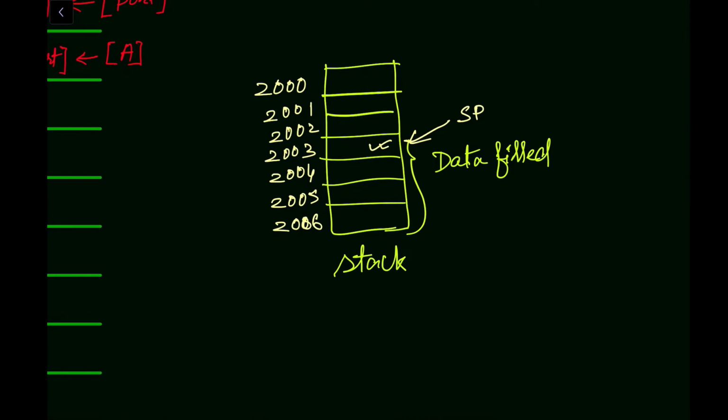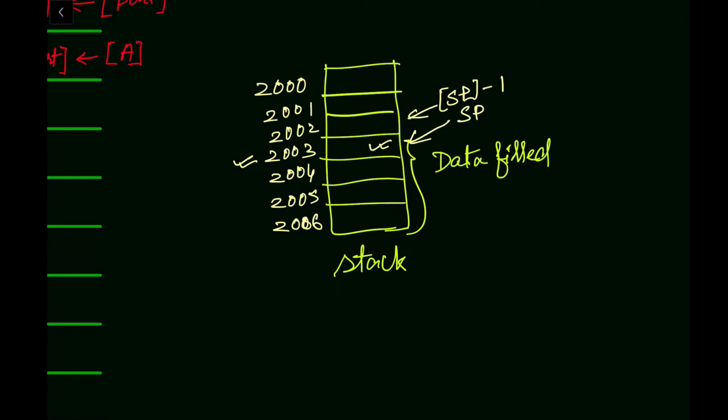The higher order 8 bits of the register pair will be moved into the stack pointer -1, that is the previous address. The stack pointer was pointing at this 2003 address, so we have to go to this address. This is SP -1.